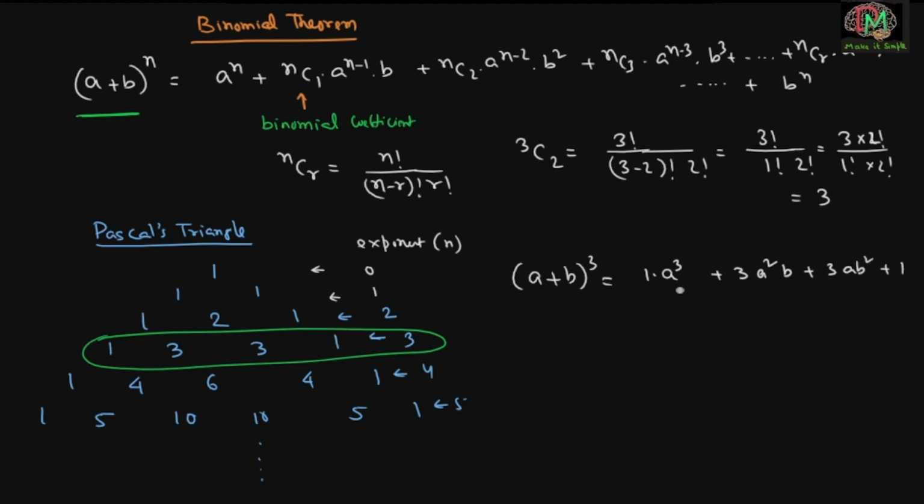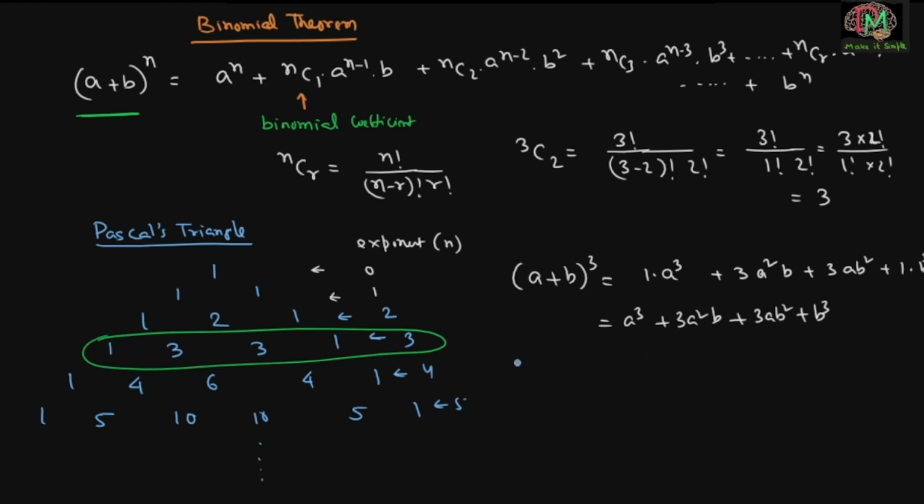And look at this, every time in consecutive terms the first variable's power is reduced by 1 and the second variable's power is increased by 1, and the last one is 1 into b cube. So finally we get a cube plus 3a square b plus 3ab square plus b cube. This is the simple derivation.